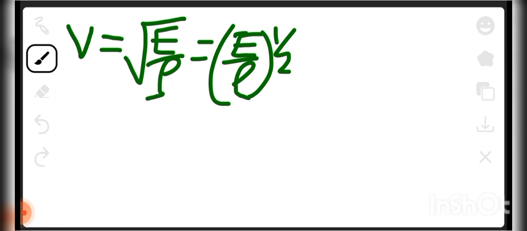Either I give it this way or this way. Anything raised to power half means the square root of that thing. That's the meaning.